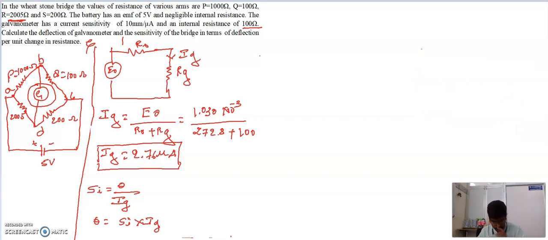The current sensitivity is given. Theta equals current sensitivity, 10 millimeter, that is 10 into 10 raised to minus 3 meter divided by microampere, so divided by 10 raised to minus 6, into current, which is 2.76 microampere, 10 raised to minus 6 ampere.